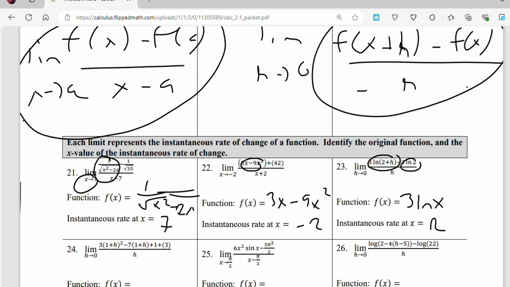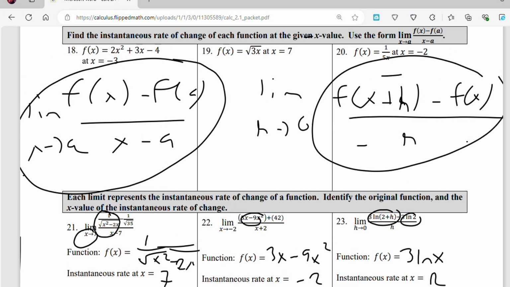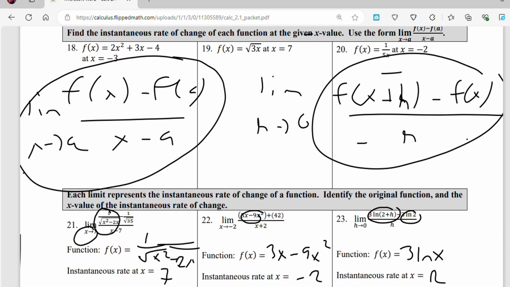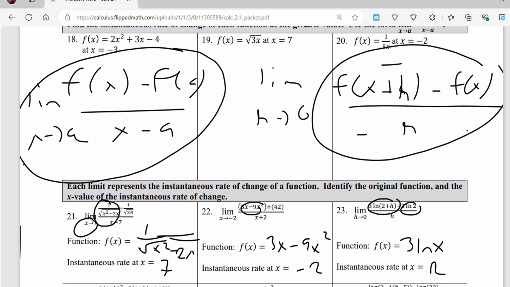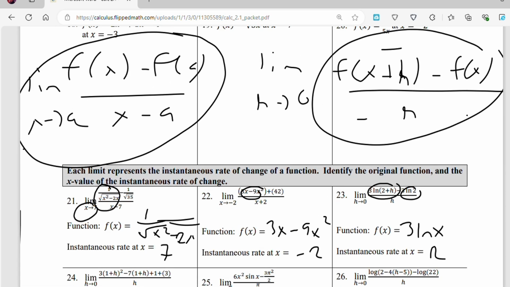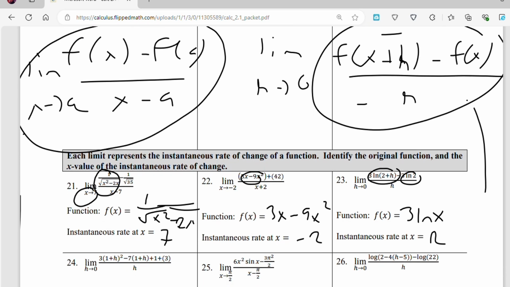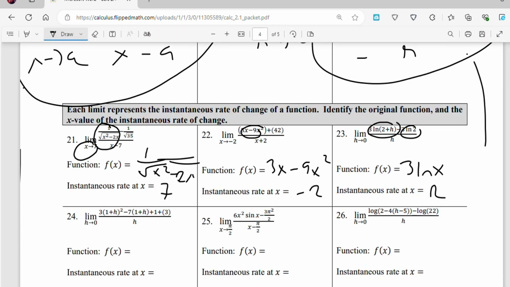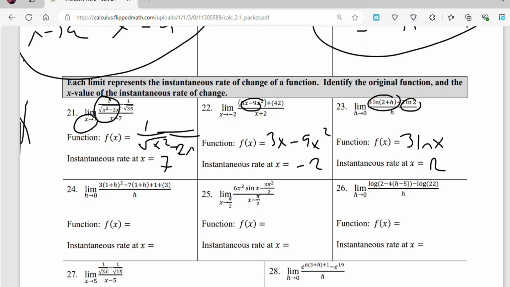Simple as that, right? Because think about it. You have our f of x plus h minus f of x. Okay, anyway, just ignore that. And yeah, this still makes sense, right?